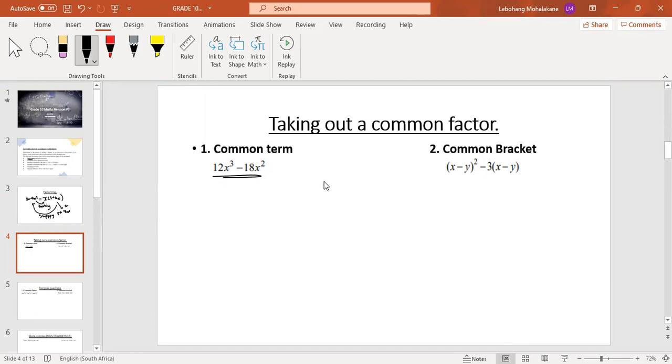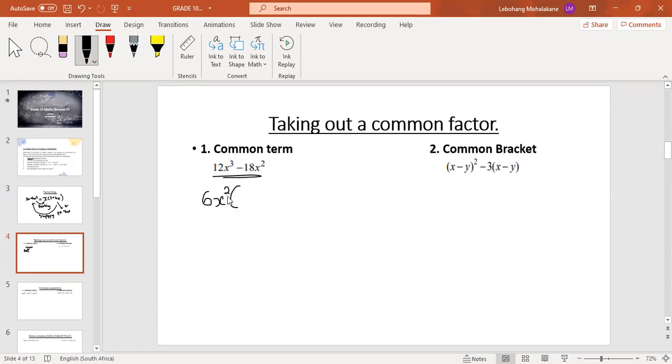So we pick the highest common factor. That is what we work with. The highest common factor of 12 and 18 is 6. And the highest common factor of x cubed and x squared is x squared.